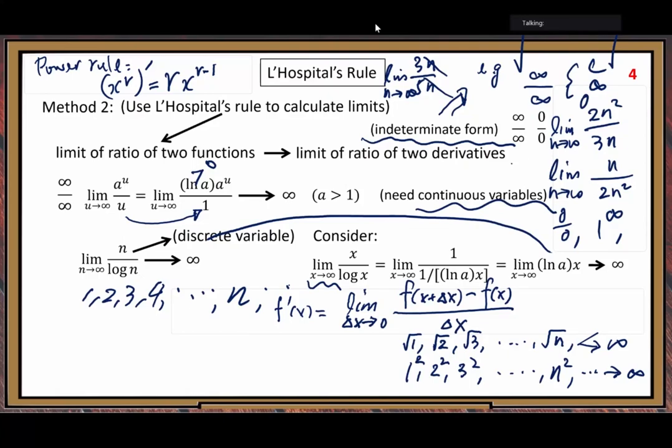So to use L'Hopital's rule, we need two growth functions. We need to identify which of those growth functions is growing at a faster rate. Last class, we defined the growth functions, right?